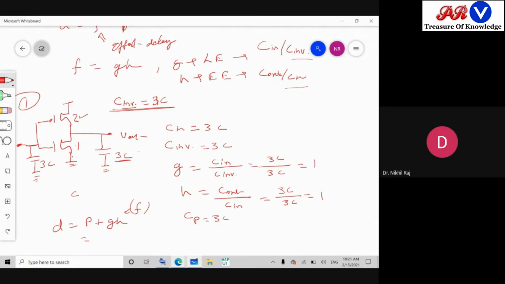So for an inverter it is a single input, so it will always be 1, plus G is 1 and H is 1. So total delay is here 2. Whatever the unit is, if it is in terms of tau then you can write here tau is 2. But G and H are unitless quantities, so they are given by a factor of 1 and 1.